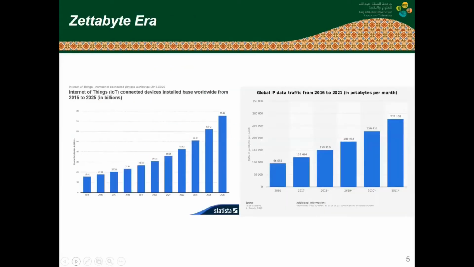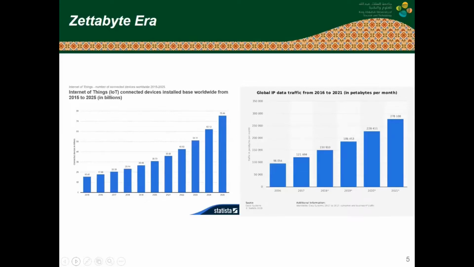Now, obviously, the whole motivation behind this work is that we are living in the so-called zettabyte era, or we are converging towards the zettabyte era. We have seen over recent years a continuous increase in the number of subscribers and the number of connected devices. Along with that, of course, we are seeing much more data traffic flowing through the networks.